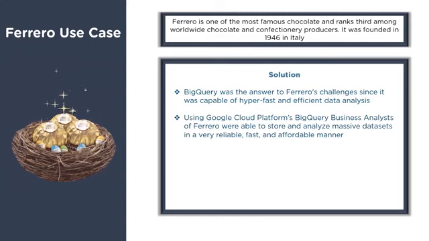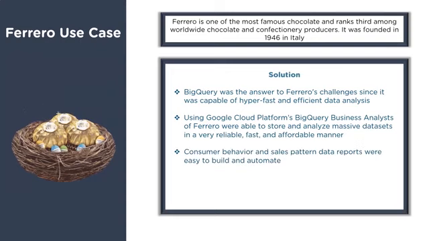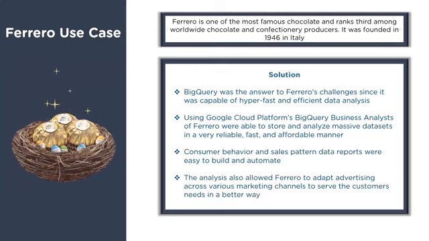Now, using Google Cloud's BigQuery, business analysts at Ferrero were able to store and analyze massive data sets in a very reliable, fast, and affordable manner. Consumer behavior and sales pattern data reports were easy to build and automate. The analysis also allowed Ferrero to adopt advertising across various marketing channels to serve customer needs in a better way.